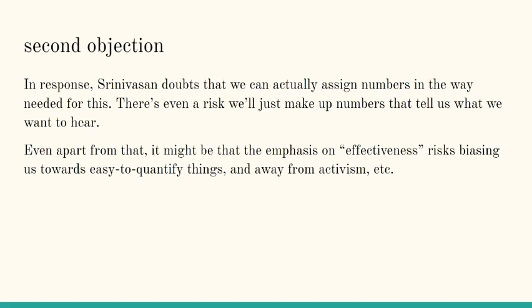And she even thinks, maybe this is just going to tell us what we want to hear. Maybe it just gives a false patina of precision, because I think I'm using math and evidence and all this stuff, but the numbers are just made up. So maybe I think, cushy job on Wall Street, it turns out that's way better than anti-capitalist revolutionary, because maybe that's what I want to hear, right?